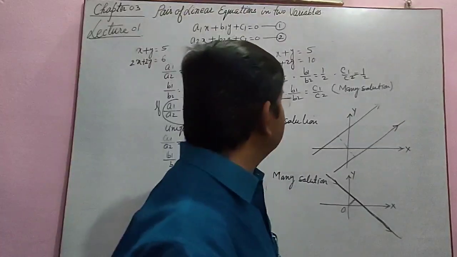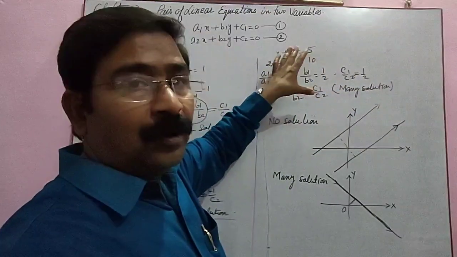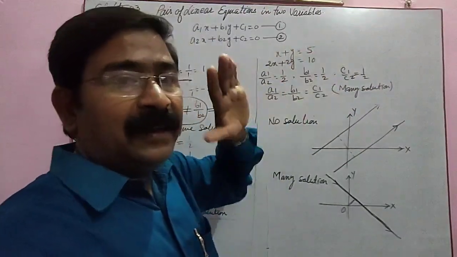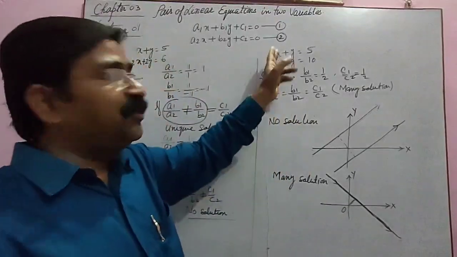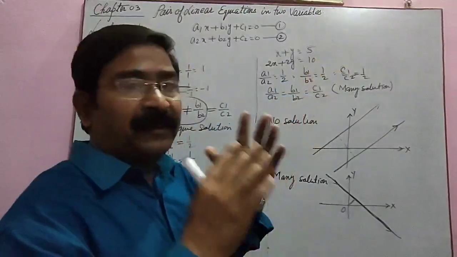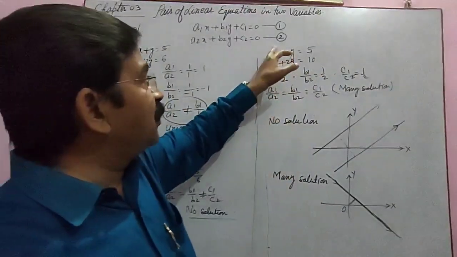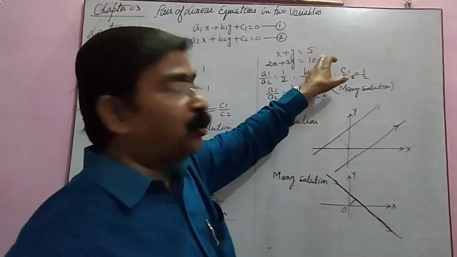And the third one is we have many solutions for overlapping lines, and this will happen only when the coefficients of x and y and the constant are in the same ratio. Like I have written the equation, x plus y is equal to 5, 2x plus 2y is equal to 10.